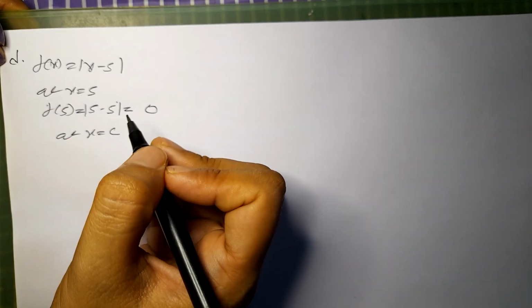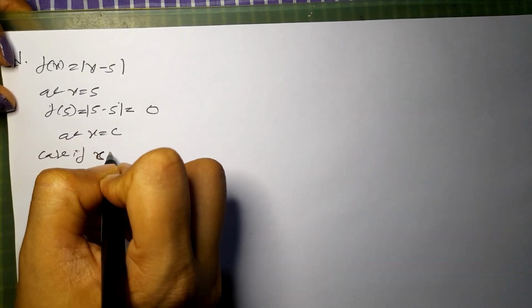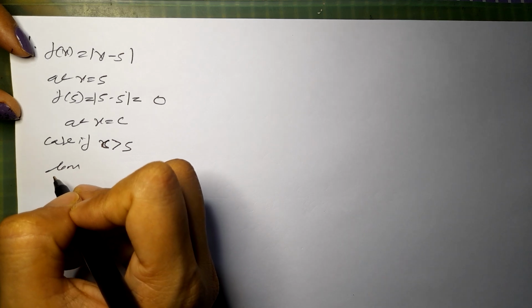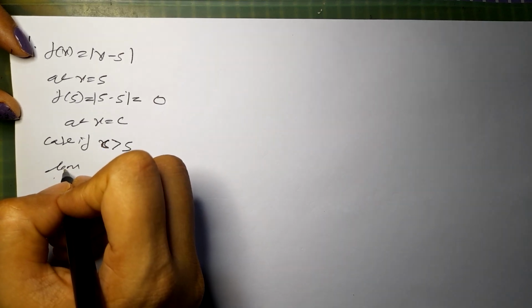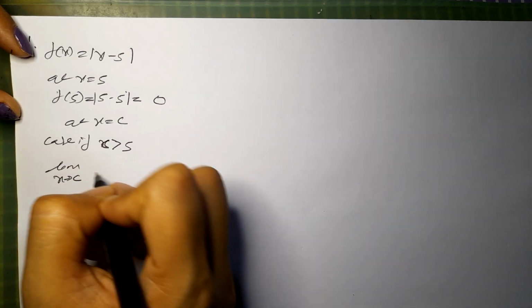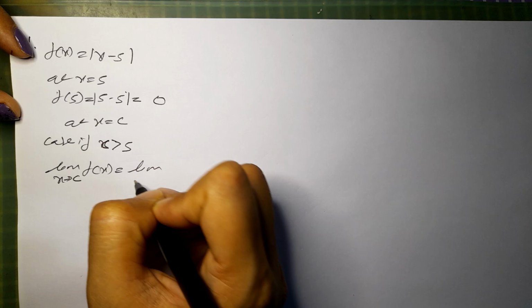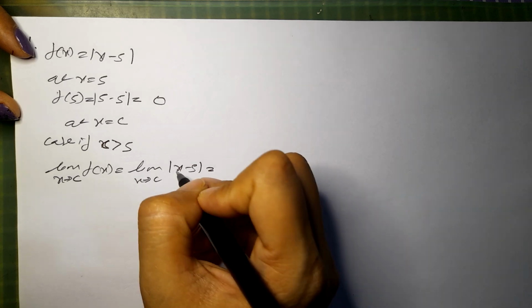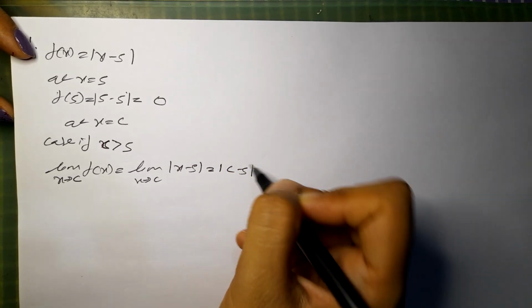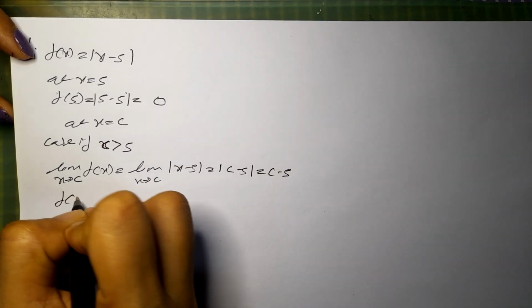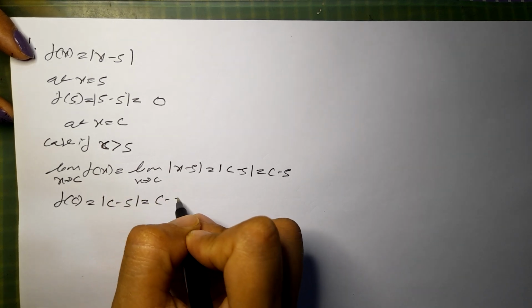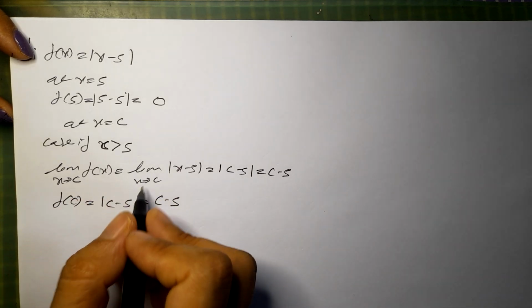At x equal to c, case 1: if c is greater than 5, the limit as x tends to c of f of x is the modulus of c minus 5, so it gives c minus 5. f of c is the modulus of c minus 5, that is c minus 5. So here these two are equal.